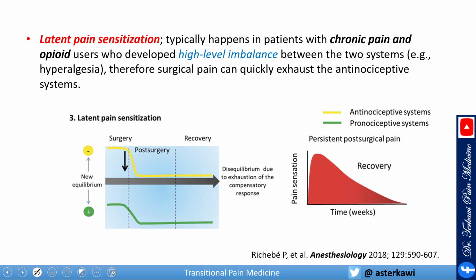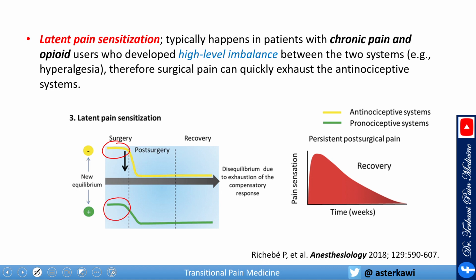Another potential cause is latent pain sensitization. This typically happens in patients with chronic pain and chronic use of opioids. Why? Because to start with, we have a high-level imbalance between the anti-nociceptive and the pro-nociceptive systems.